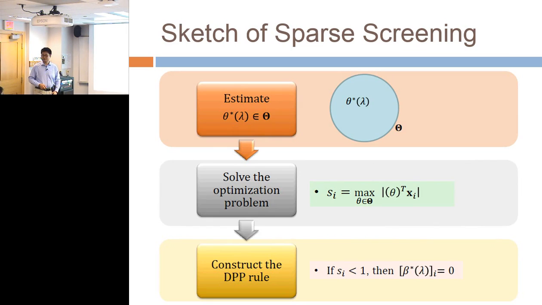The second mode is much faster. You can use the information from the previous lambda. Yes, exactly. This is a very good question, and this technique is very well known in the optimization community. It's called warm start.